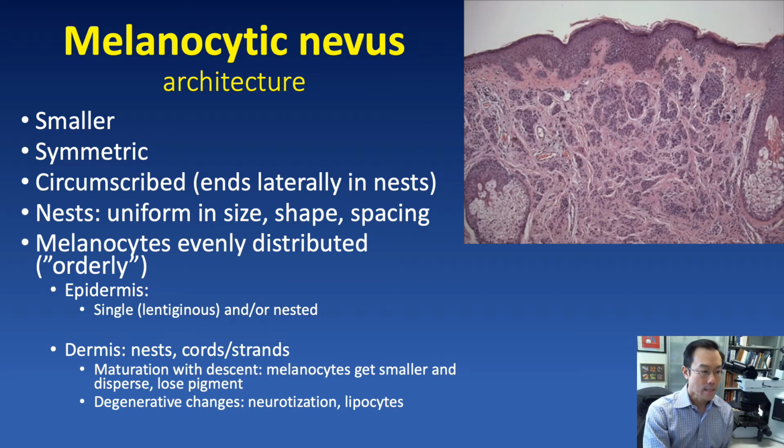So the nests of melanocytes and the melanocytes themselves get smaller with descent. They disperse into single file strands, and if it's a pigmented nevus, the pigment tends to be markedly diminished, if not lost completely, at the base of the dermal component. And other degenerative changes are characteristic, neurotization, and the presence of fat cells.